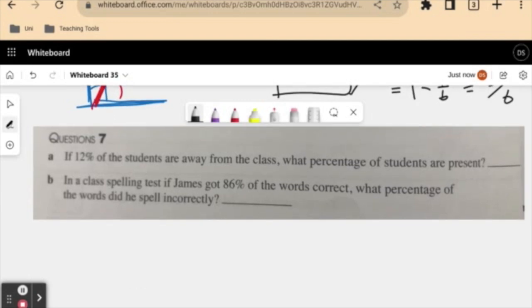If you look at these questions, they follow a pretty similar form to especially the complementary probability questions.